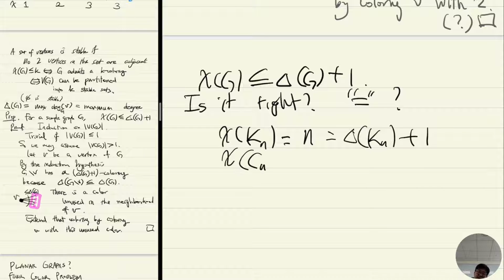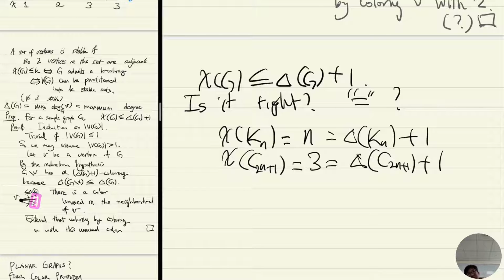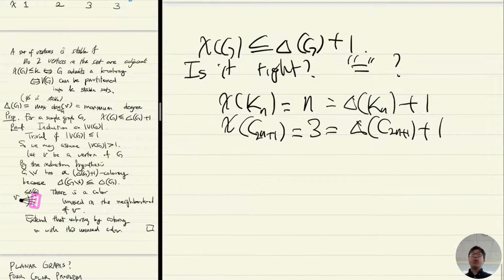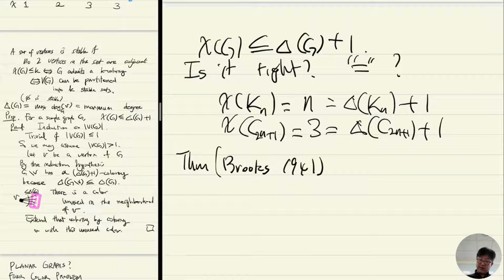Another example is the odd cycle. If you have an odd cycle, chromatic number is 3, but its maximum degree is 2. So that's another example where equality holds. And actually these two are the only examples where this is true. So the Brooks theorem says that that's the only case.